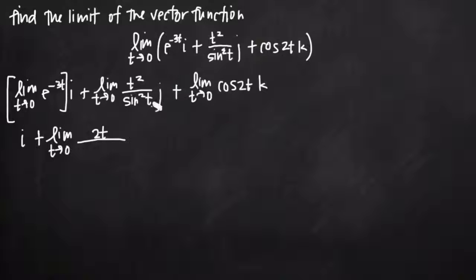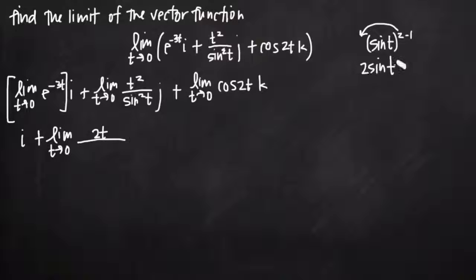So how do we take the derivative of sine squared of t? Well, first we want to remember that we can write sine squared of t in the form sine of t quantity squared. This is the same thing as sine squared of t. So now we just need to use chain rule to take the derivative. Essentially here we're going to use power rule first. We bring this exponent out in front and get 2 sine of t, and subtract 1 from the exponent, 2 minus 1 is just 1.